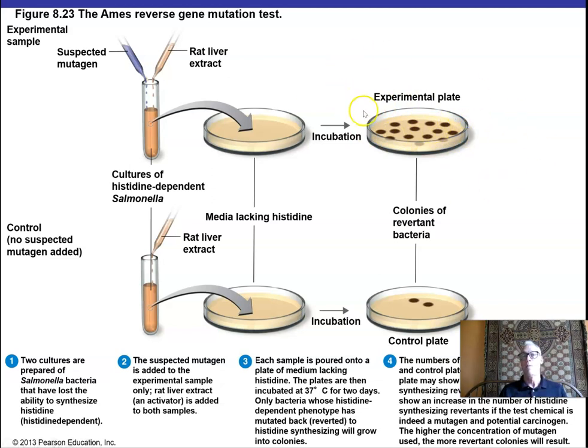They can grow on His minus plates. So yes, this suspected mutagen is a mutagen that caused all those genetic changes, and some of the cells were able to go back to the original histidine making capability.